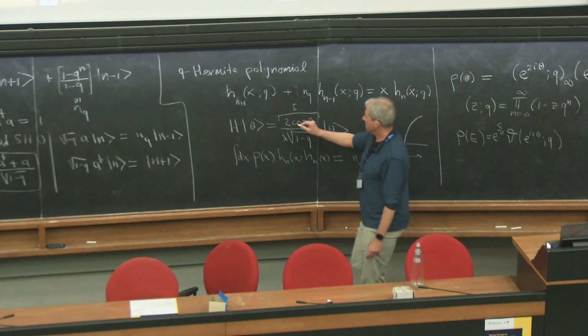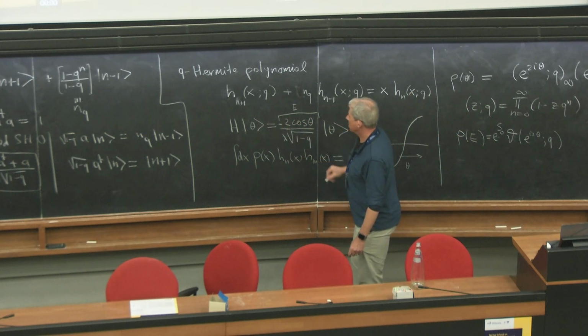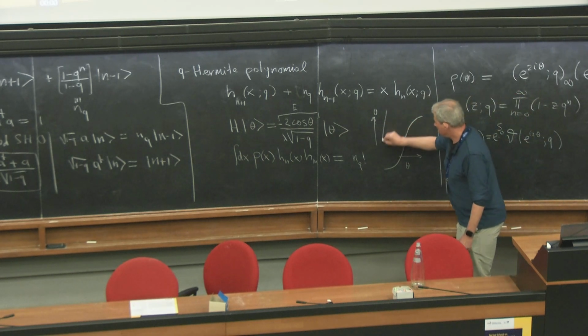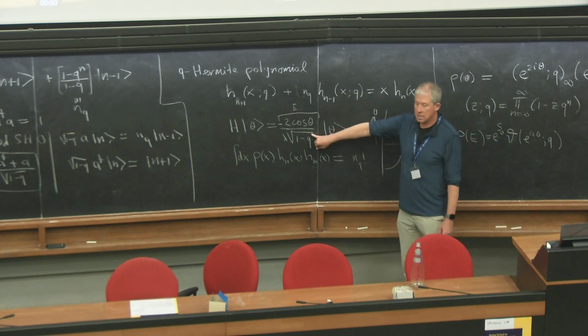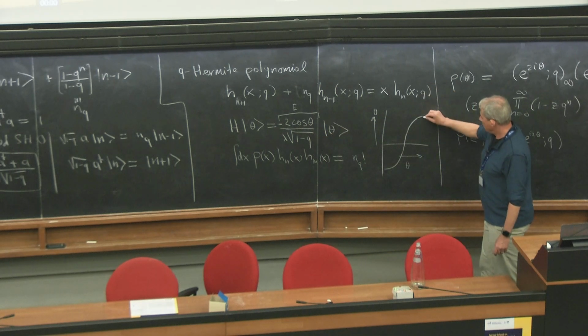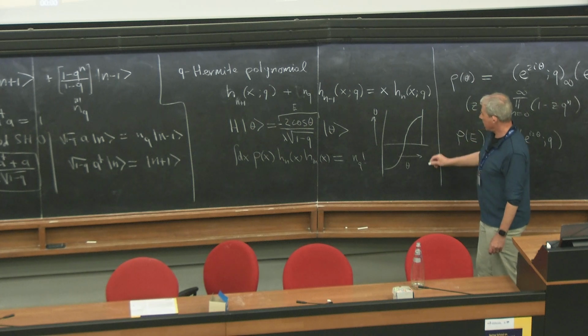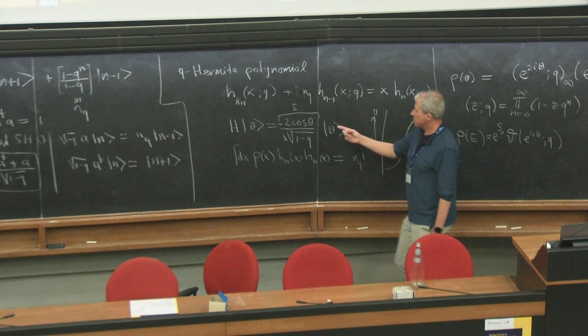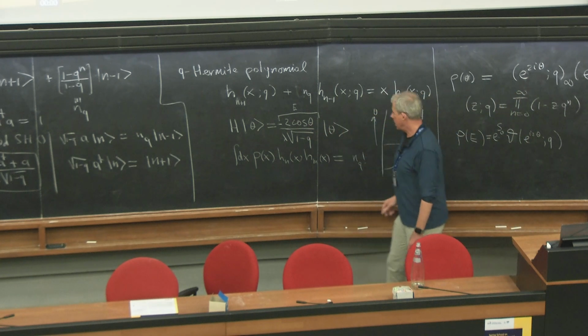Actually, sorry, there should have been a minus sign here. Forgot about that. So at theta equals 0, the energy is minus this quantity here. When theta equals pi, it has a maximum.